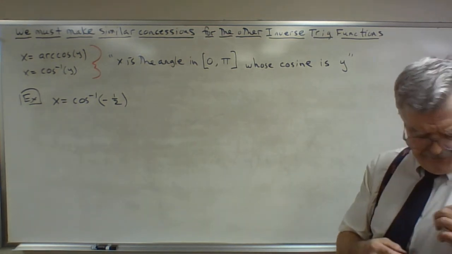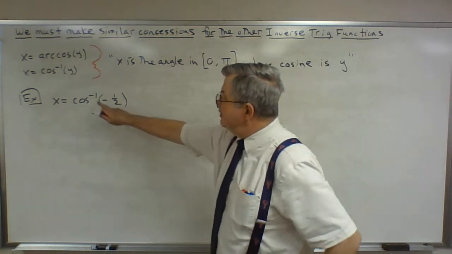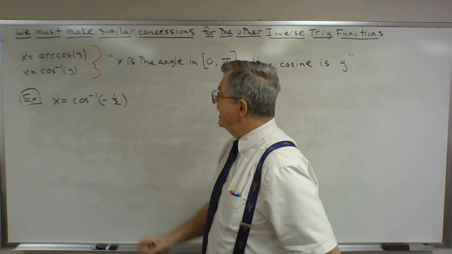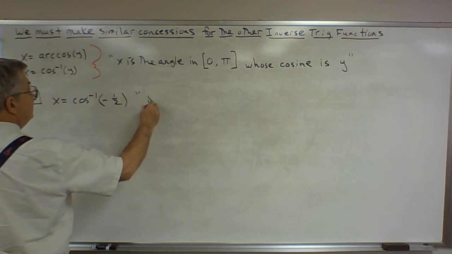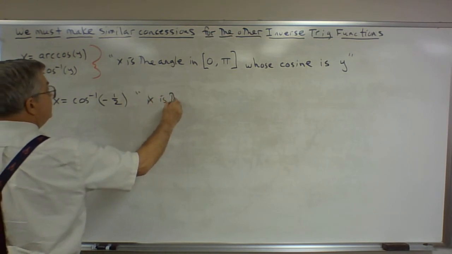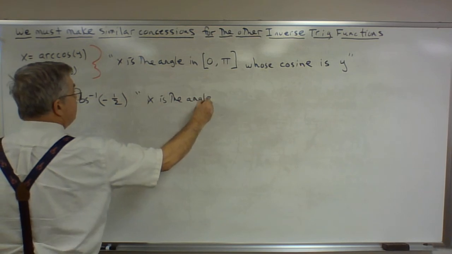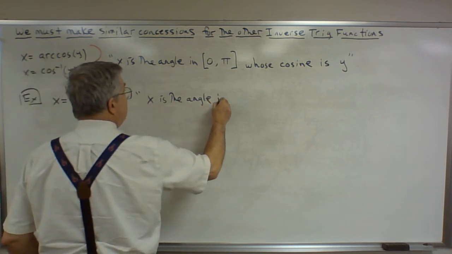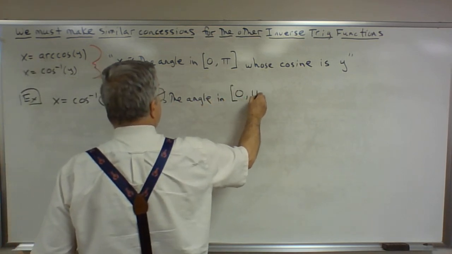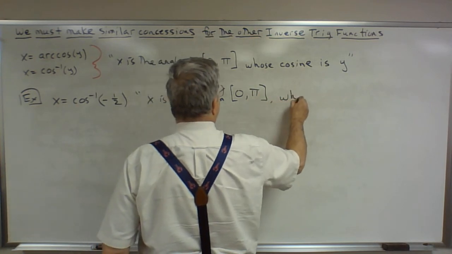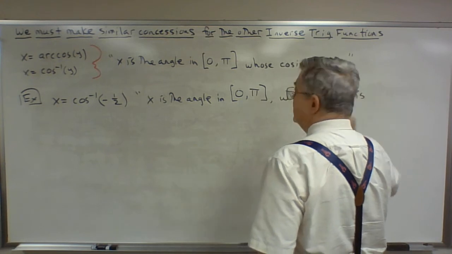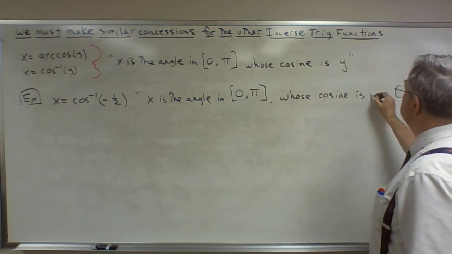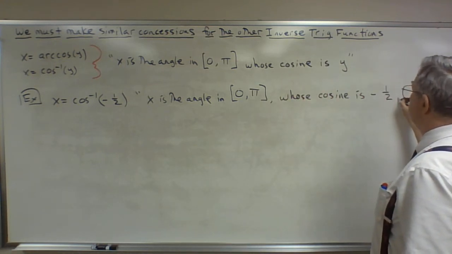So what about this? X equals cosine inverse of negative 1/2. This means x is the angle in the interval 0 to pi, whose cosine is negative 1/2.